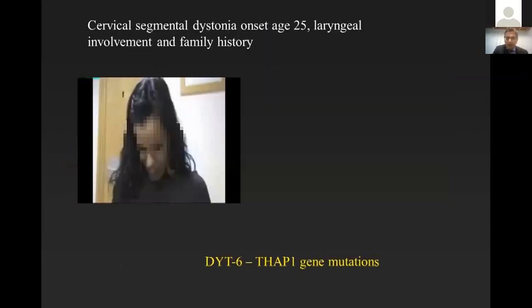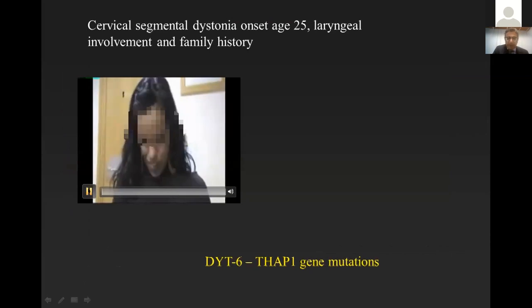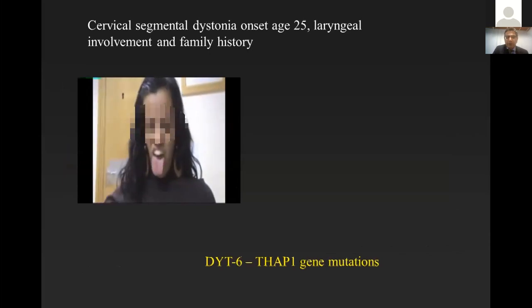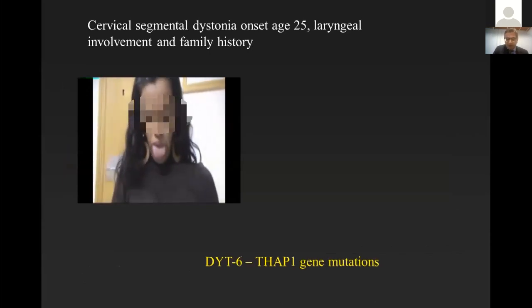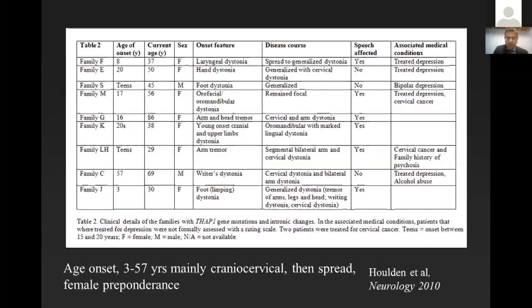I told you that orofacial dystonia is uncommon, but in THAP1, the lingual area and speech are very early involved. And this lady was unusual in that she had a lot of oromandibular involvement, but she had isolated dystonia and nothing else. She was found to have a DYT6 mutation. So if you see the table over here, these people have young onset.